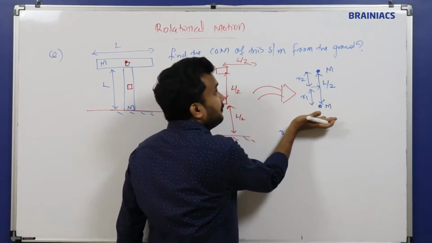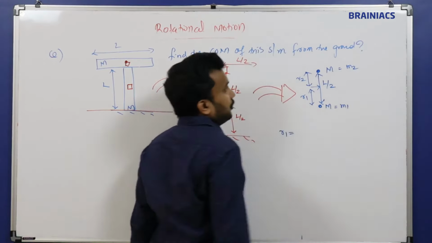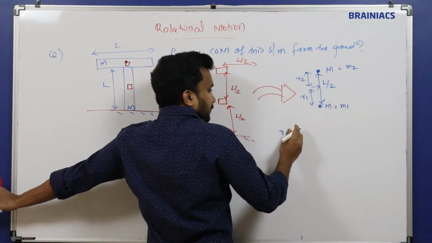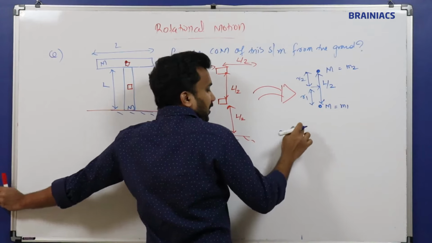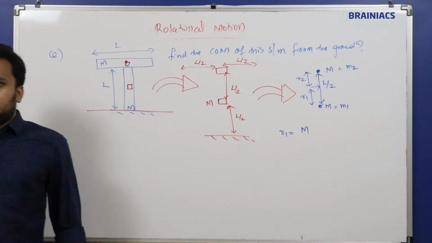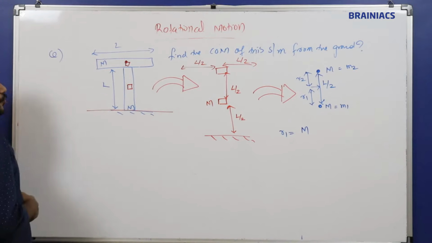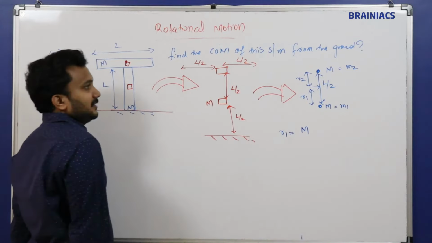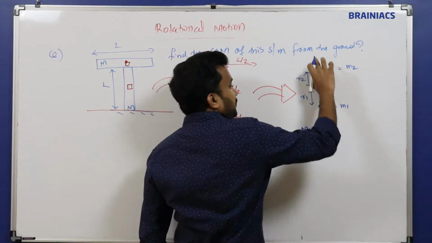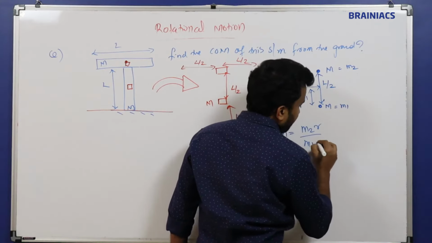I am finding R1. R1 from where? R1 from the first body. I am considering the first body as M1 and the second as M2. Both are equal. So the distance from the first body is equal to the second body mass into the distance between the two bodies divided by the total mass. So R1 equals M2 into R divided by M1 plus M2.